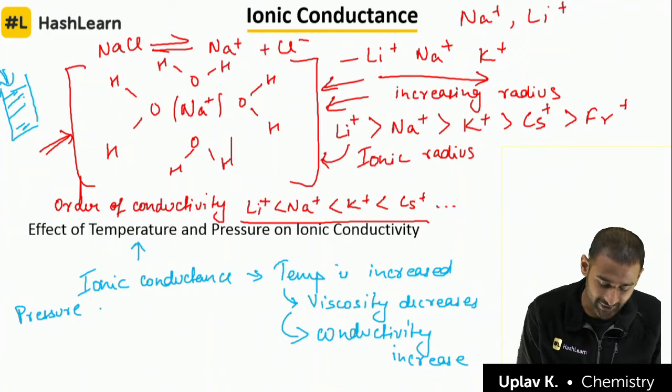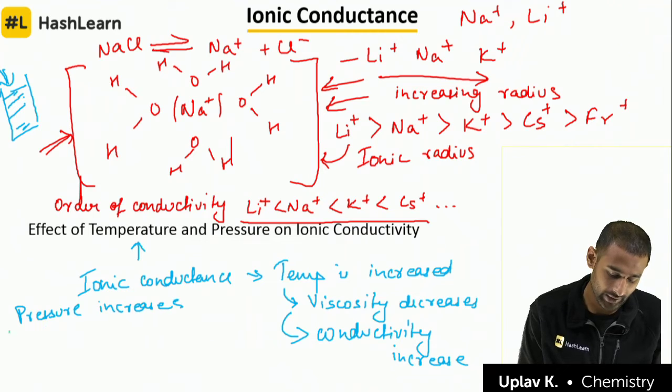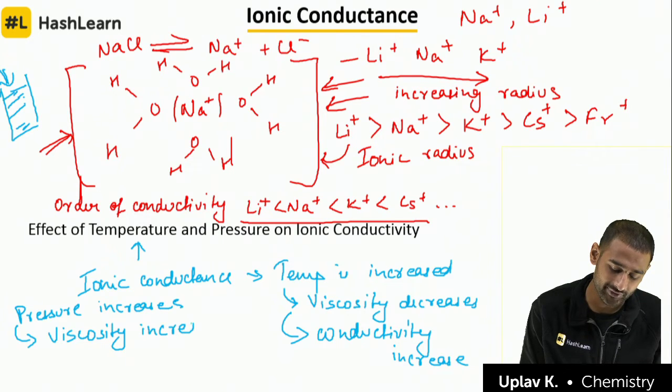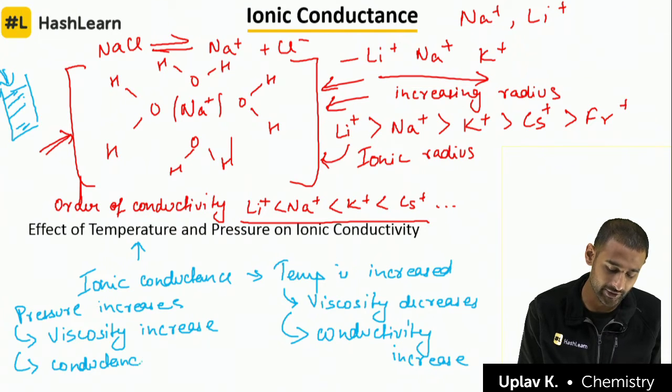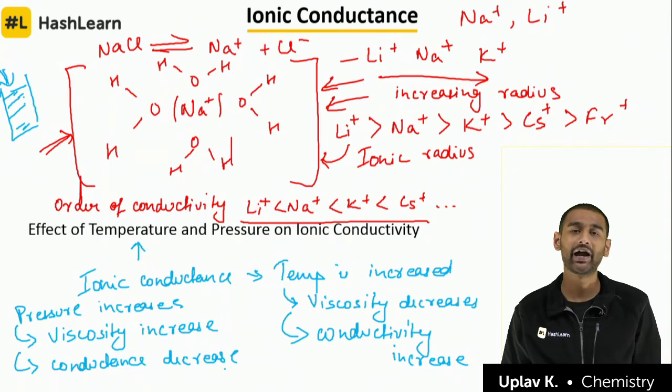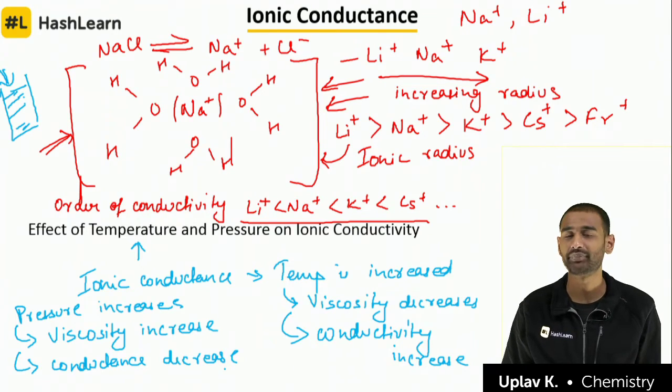So if the pressure increases, I can say viscosity increases. Now if viscosity increases, what will happen to conductance? Conductance will decrease. So the conductance will decrease, right? So that is how the ionic conductance, it varies with temperature and pressure.